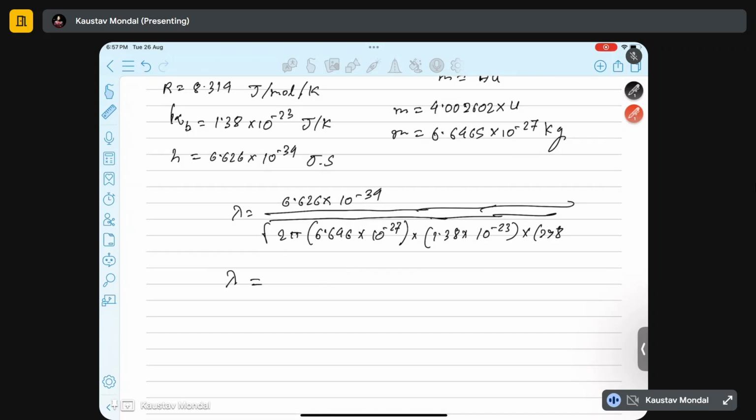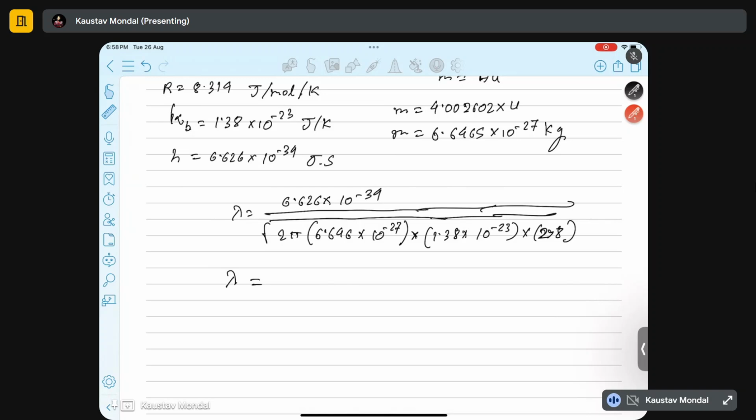So the lambda value we need to calculate. First let me multiply 2 into pi into 6.646 into 10 to the power minus 27 into 1.38 into 10 to the power minus 23 into 298. Take the square root of this whole thing, and then divide 6.626 into 10 to the minus 34 by it.